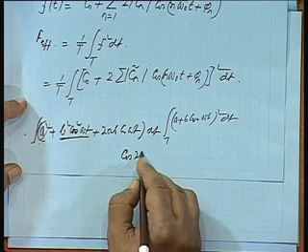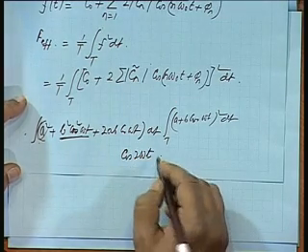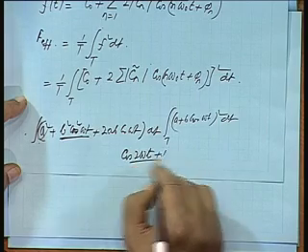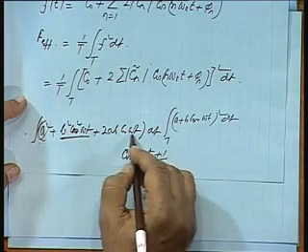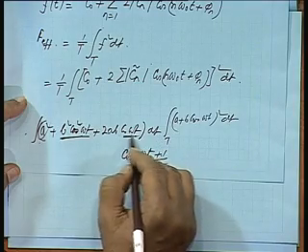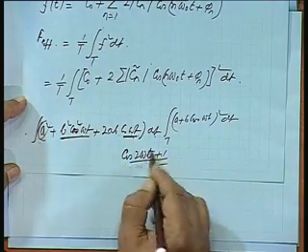Integrate. This will give me a square constant, and b square cos square omega t I can write in terms of cos 2 omega naught t plus 1 by 2.